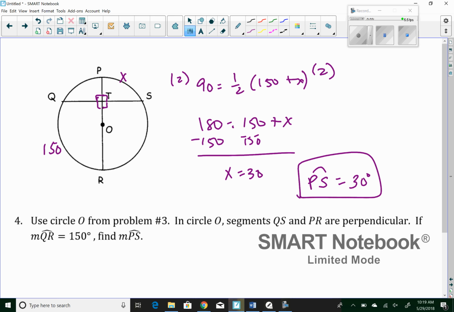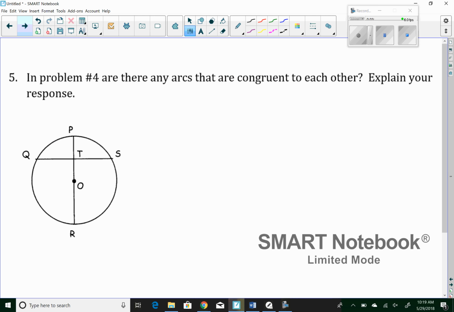One of the things you notice here is that if QR is 150 and PS is 30, and PR is a diameter, then QP must also be 30 and SR must also be 150, because the two semicircles have to add up to 180.